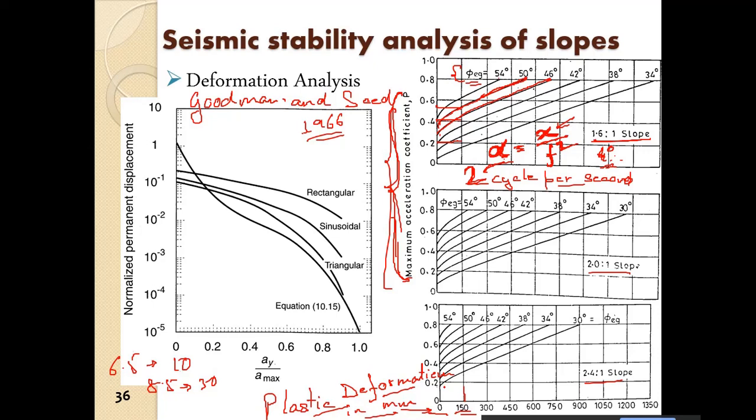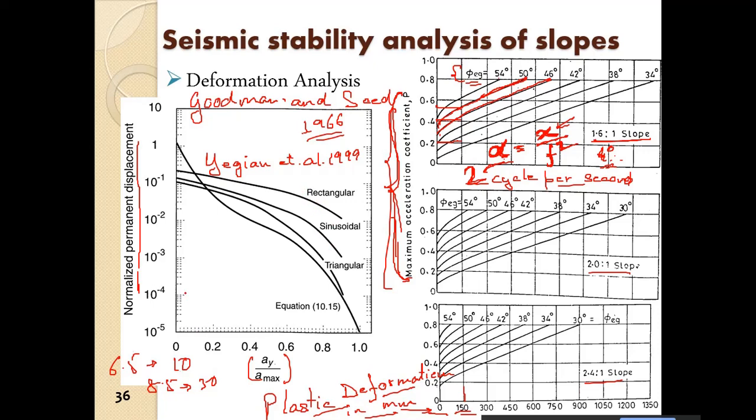Okay, then again, Yejian et al. in 1999. So what they did is they obtained normalized permanent displacement for AY by Amax for different earthquake time histories.